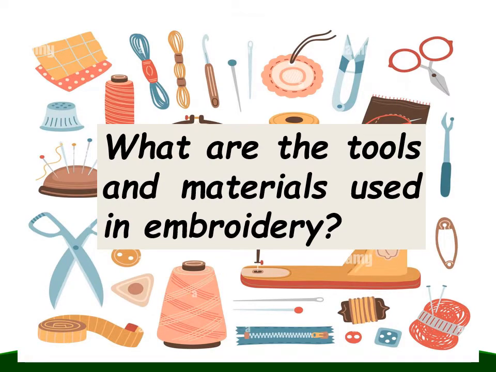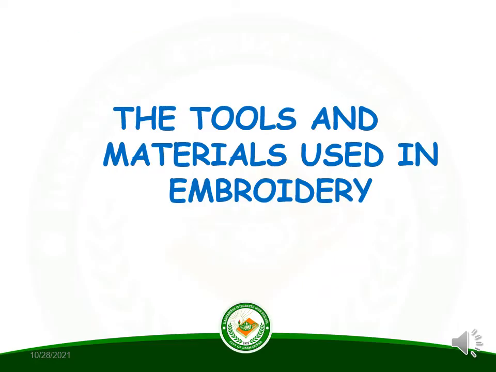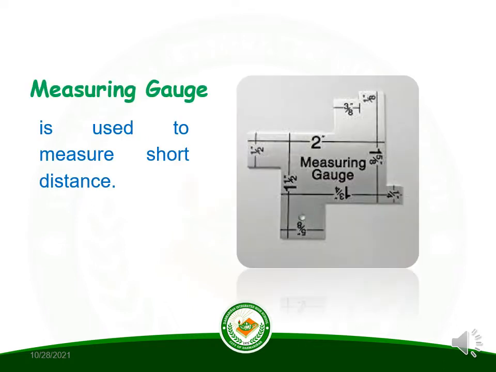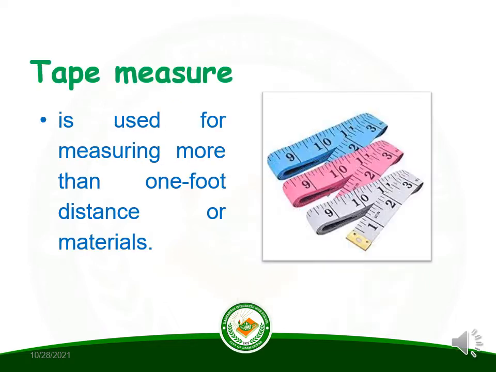What are the tools and materials used in embroidery? The tools and materials used in embroidery. Measuring gauge is used to measure short distance. Tape measure is used for measuring more than 1 foot distance or materials.